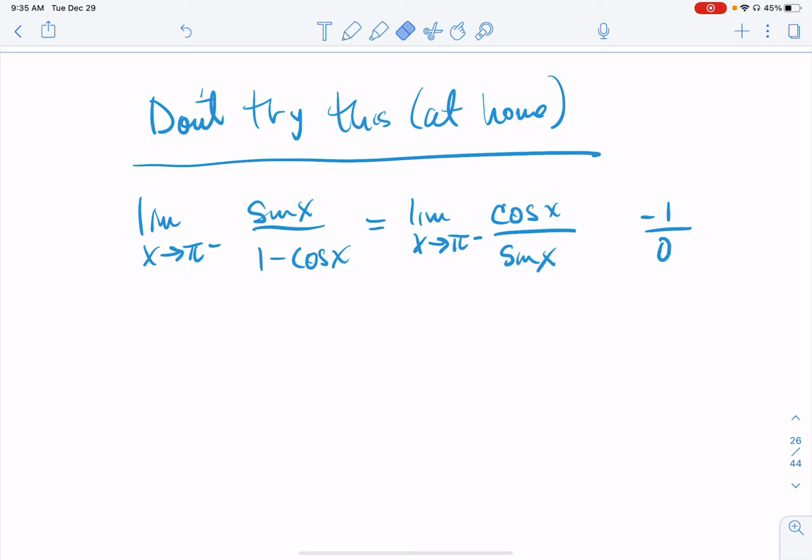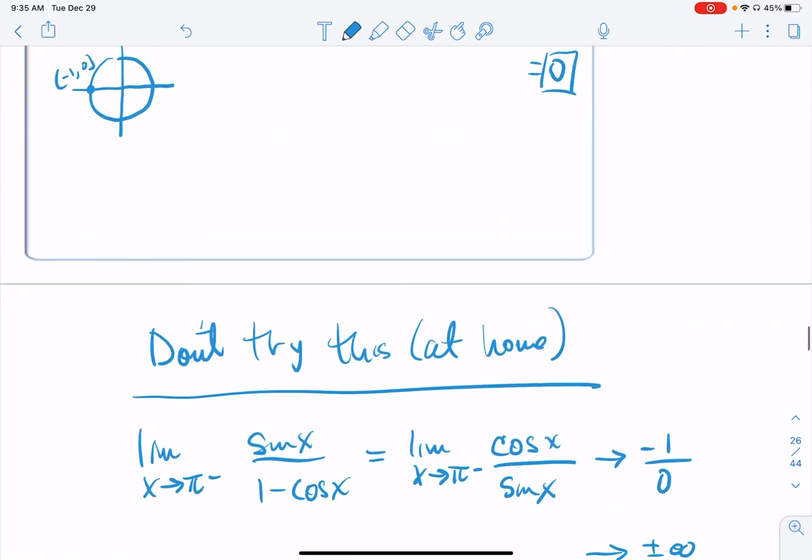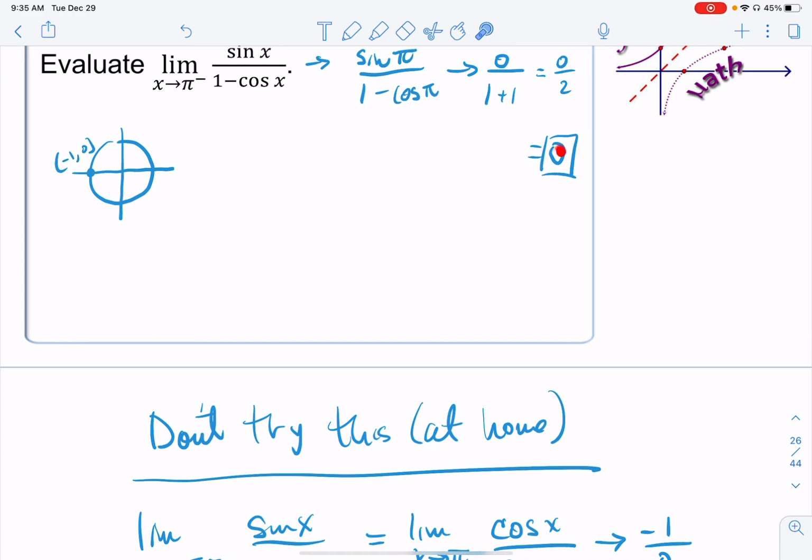Here, let me do this with a little arrow, because this is going to go to either plus or minus infinity. I take a number, divide it by 0, going to plus or minus infinity. There's the vertical asymptote. Which is pretty far from what we got here of 0.